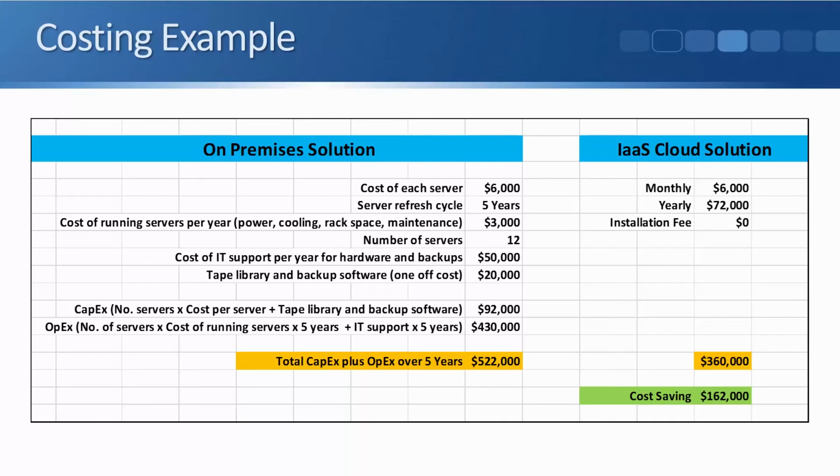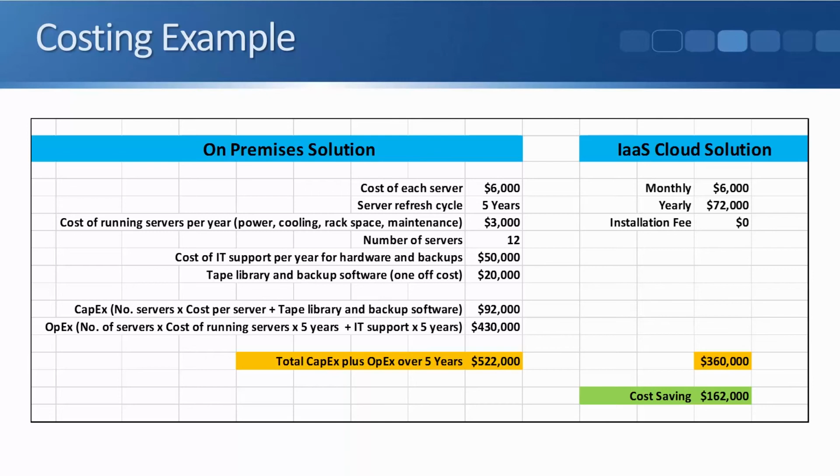The cost of each server for our example is $6,000, and we're going to refresh or replace the servers every 5 years. The cost of running the servers, like power, cooling, rack space, and maintenance, we'll say is $3,000, and we've got 12 servers. The cost of IT support per year for hardware and backups is $50,000.